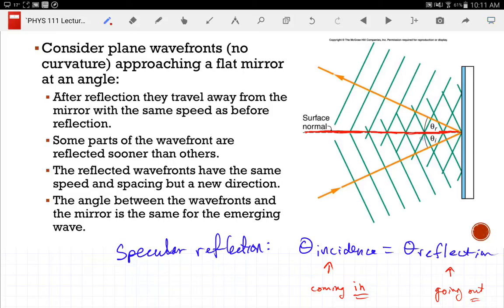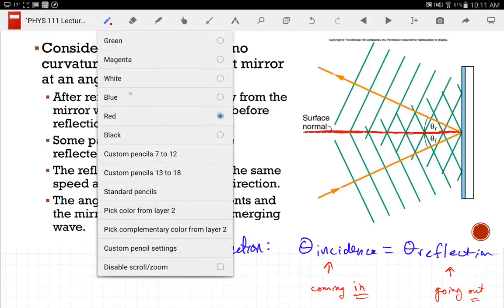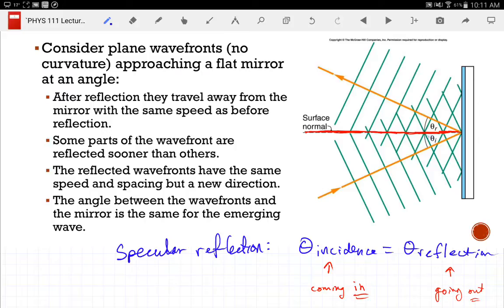So the angle of incidence is going to be this angle right here between the incoming light ray and the surface normal. What's the common mistake that people would make? Yeah, the common mistake people would make would be to measure this angle.